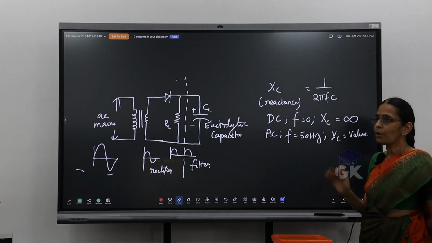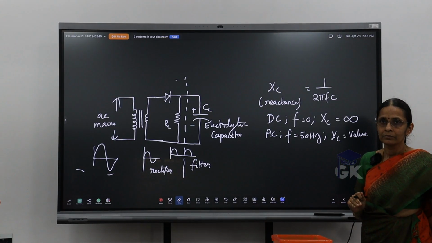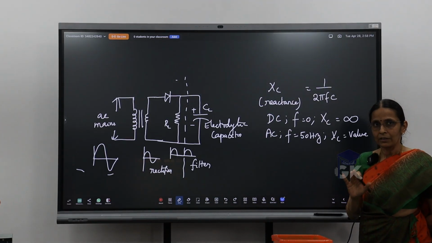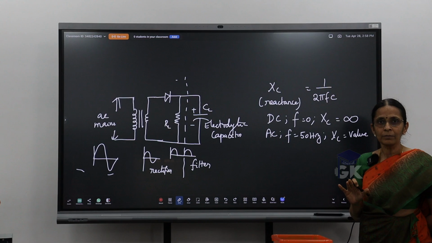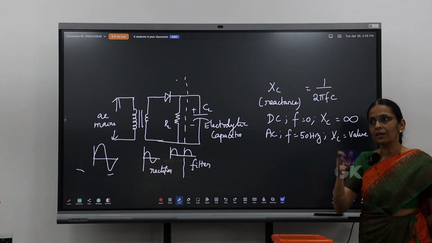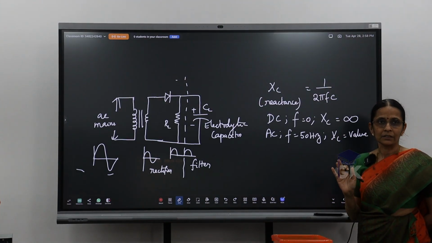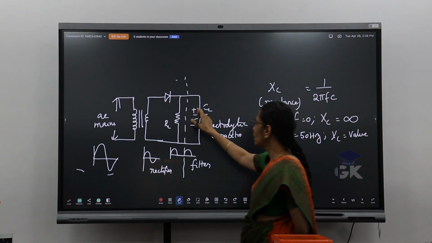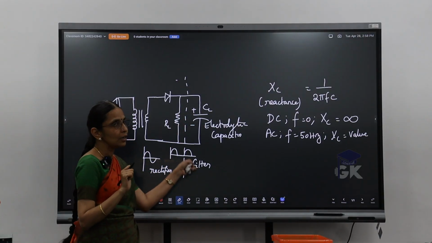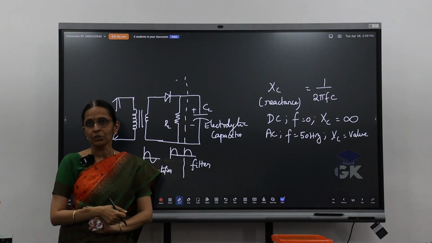Okay, so what is the job of the capacitor here? In simple words, filter. That's fine, it's filtering, but in which way? It is going to block the DC signal and it will allow the AC signal. So the DC signal will be blocked by this capacitor and it will allow only the AC signal to pass through.